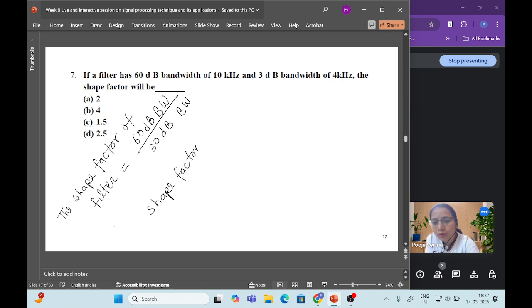In general, shape factor is equal to bandwidth 1 divided by bandwidth 2.